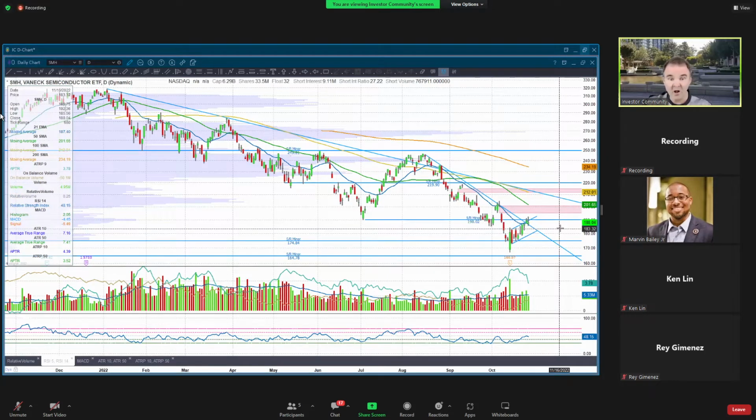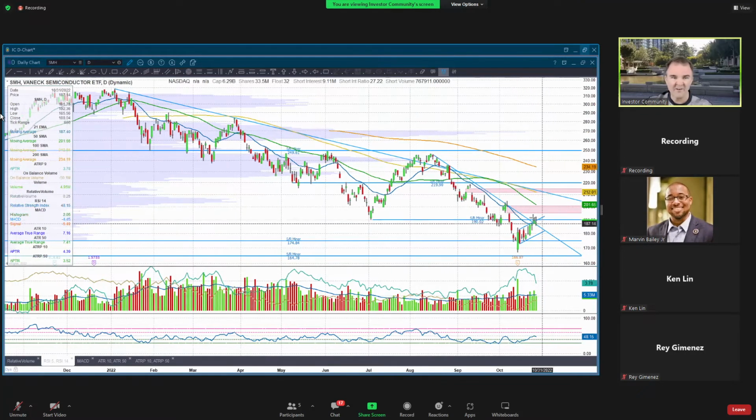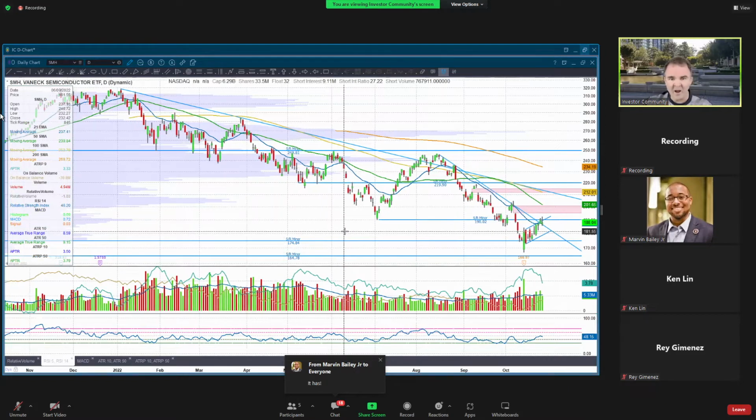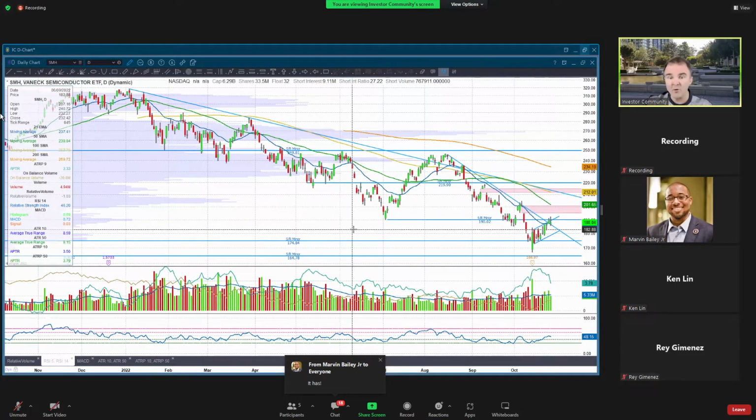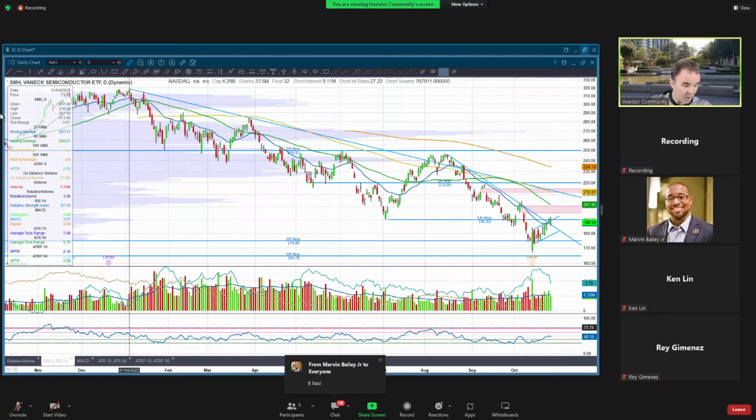Not a surprise at all. I think this needs a couple more days of consolidation here, and then maybe we can start attacking some of these levels up here. But I wouldn't expect a lot out of this sector in the near term, and I think there are better places for us to put our money at the moment.